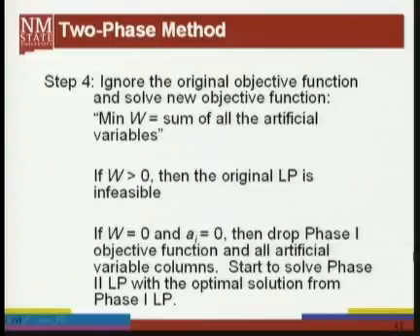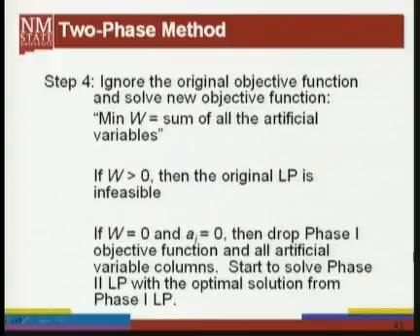So if the optimal value of W is greater than 0, then the original LP is infeasible. If the optimal value of W is equal to 0 and no artificial variables are in the optimal phase 1 basis, then we drop phase 1 objective function row and all the columns in the phase 1 table that correspond to the artificial variable.